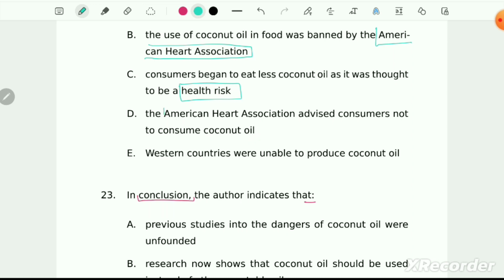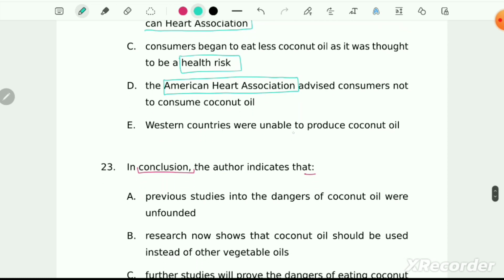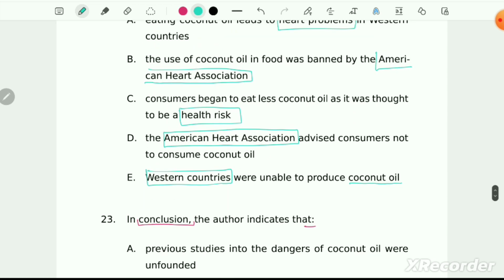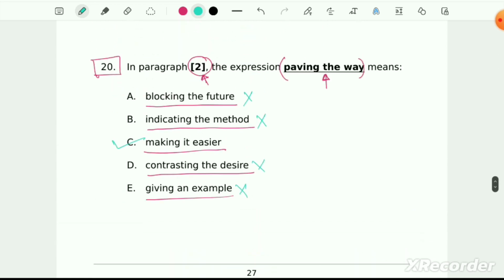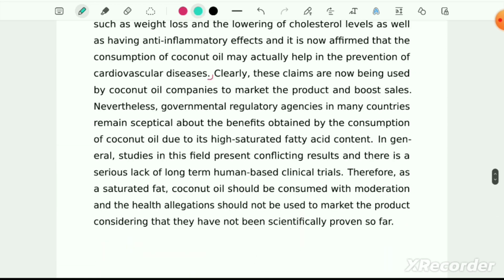Again, American Heart Association, this is a keyword. Western countries were unable to produce coconut oil. So Western countries is the keyword, and coconut oil is also a keyword. So let's find out our paragraph 3.